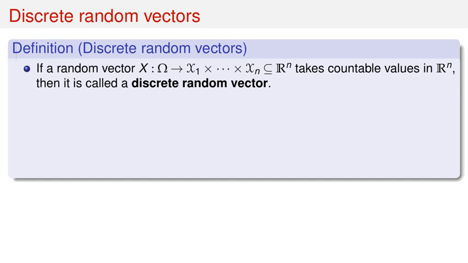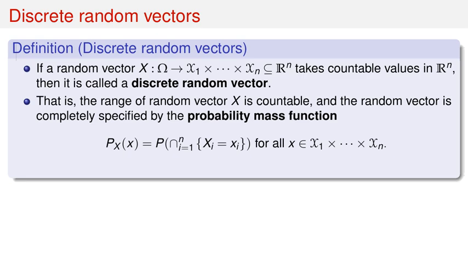Now let's talk about discrete random vectors. If a random vector X mapping from Omega to script X_1 cross and so on, cross script X_n, which is a subset of R^n, takes on only a countable number of values in R^n, then it is called a discrete random vector.